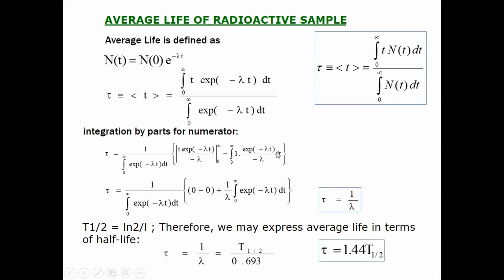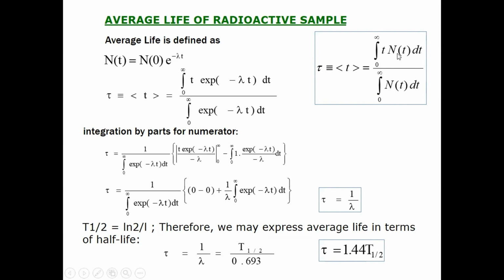Now we can figure out the average life of the radioactive sample as well. Average life is basically defined in a proper form, where t is multiplied with the number at any time t and integrated over all the time from 0 to infinity. And then we divide it by the number from 0 to infinity for all times.